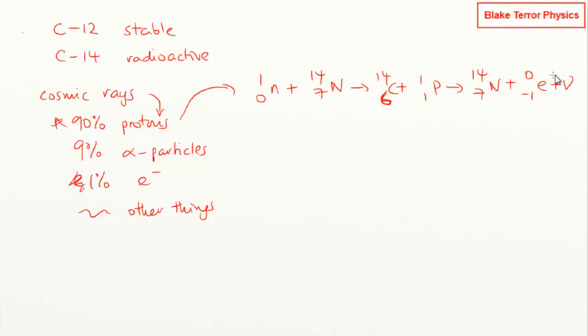So we've got various processes going on here, where the nitrogen switches over to carbon, which then decays back to nitrogen again. But this is one of the mechanisms that we've got. Of course, we've got this prior step of the cosmic ray actually creating the neutron in the upper atmosphere first of all. But this is one way that we can get carbon-14 into the atmosphere.